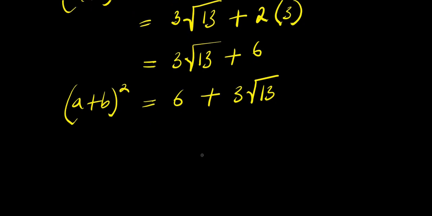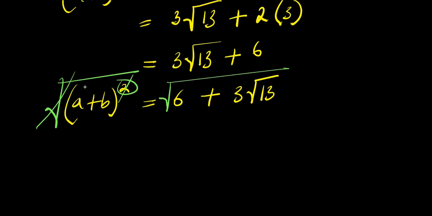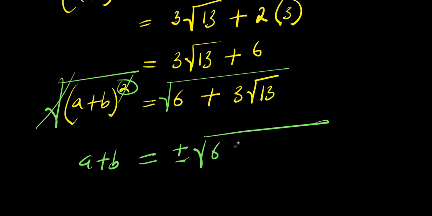So if you want to take the square root, so that you eliminate this square here and you will have your a plus b, you also take the square root here. That means this will give us a plus b equals plus or minus square root of 6 plus 3 root 13.